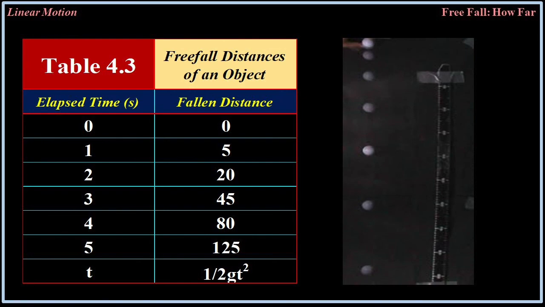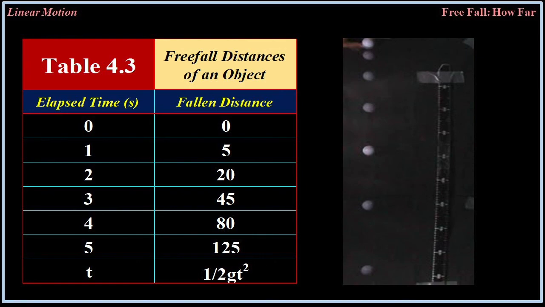Here you have the x-axis, or the horizontal axis. You have elapsed time, and then the fallen distance. So on the next slide, you'll see the graph. So peruse these carefully, and then look at the graph and see if the graph is the same.